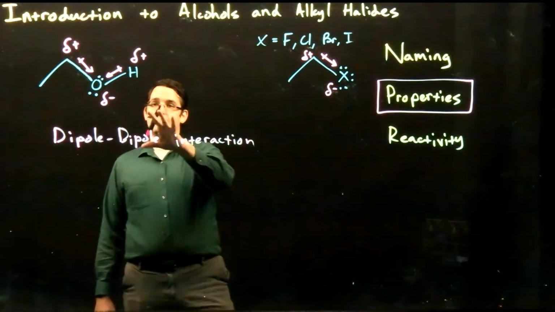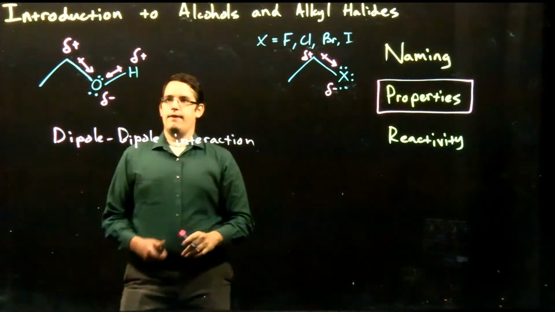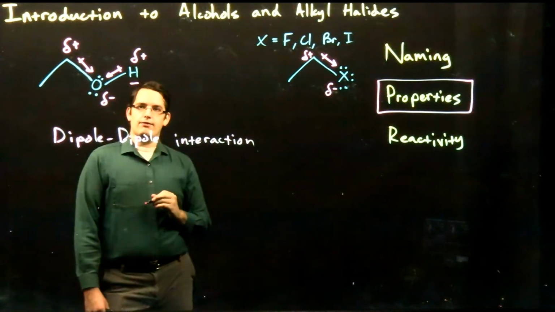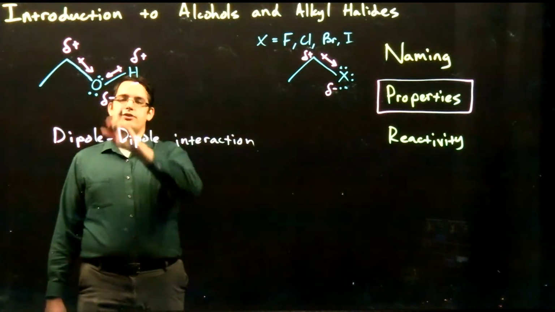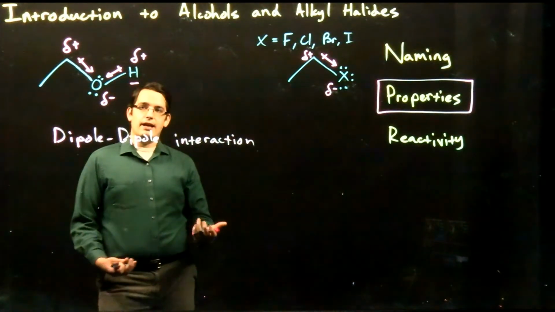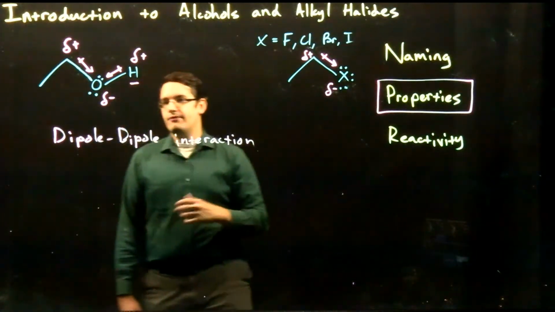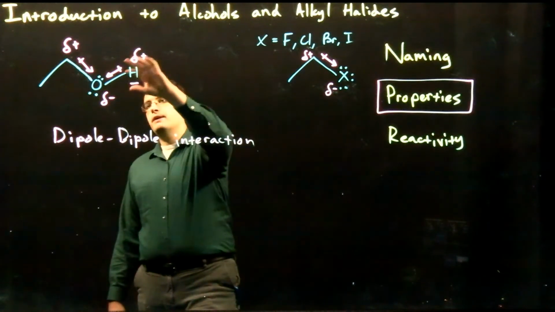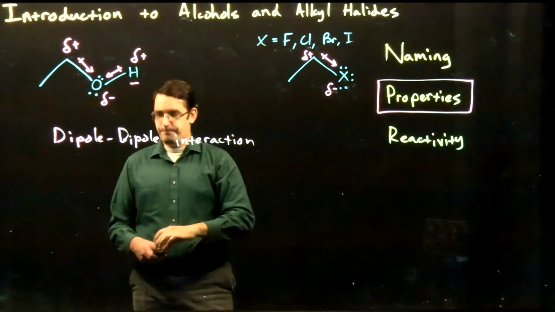Now, we do have a key difference here, though, between our alcohol and our alkyl halide. And that is our hydrogen over here on the right side of our alcohol. Now, remember, when we have hydrogens attached to highly electronegative atoms like our oxygen, our hydrogen, since it's not very electronegative, will experience a significant dipole towards our oxygen.